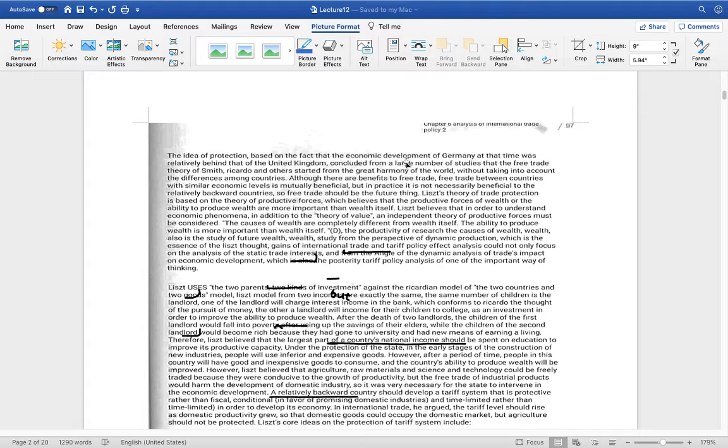To understand economic phenomena, in addition to the theory of value, an independent theory of productive forces must be considered. The causes of wealth are completely different from the wealth itself.